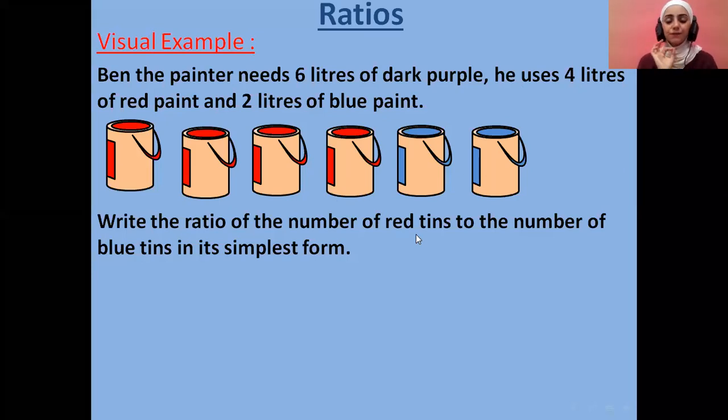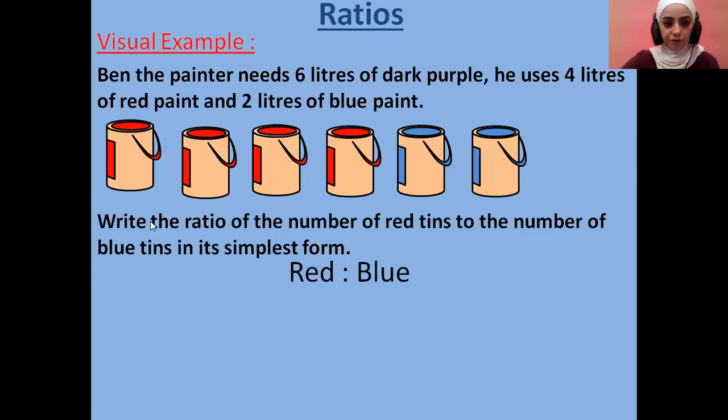The ordering is very important in ratios. What you start with is what you write first. So red are 4 and the blue 2. So this is the ratio.